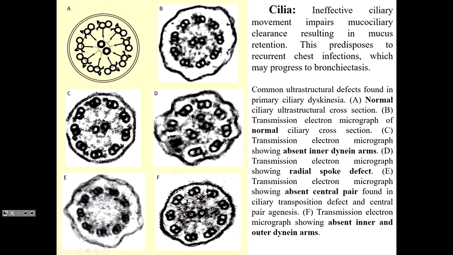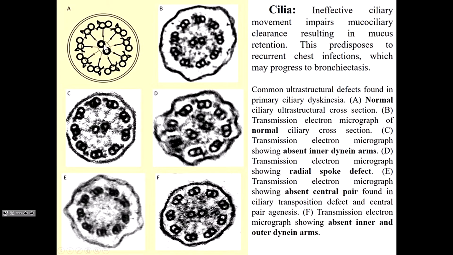So there are different ways you can get defective cilia. All of them will lead to a lack of normal function of those cilia, based upon what would be the normal structure of the cilia, which is the 9+2 arrangement of microtubules. There are 9 doublets around the perimeter, and the +2 is the central pair of microtubules in the cilia.